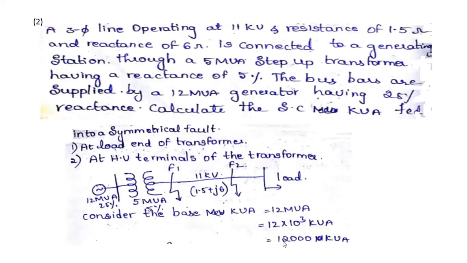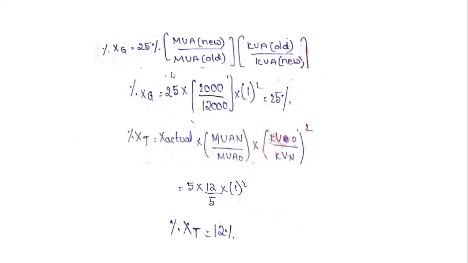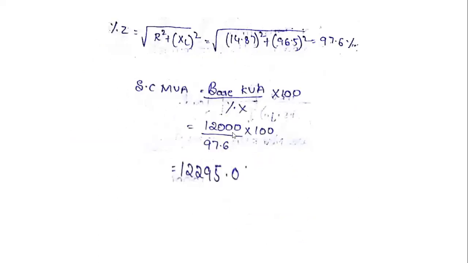That is 12,000 kVA is the base kVA. Therefore base kVA 12,000 by percentage X is equal to 97.6 into 100. This is the short circuit MVA.